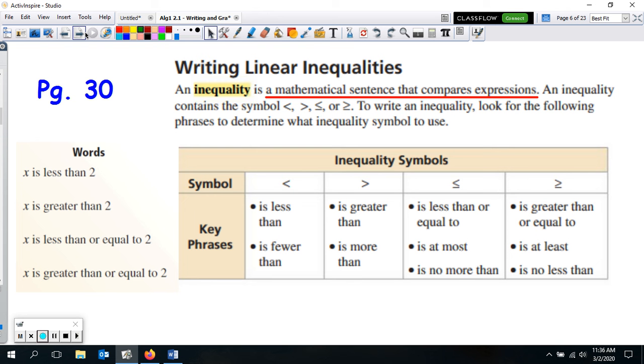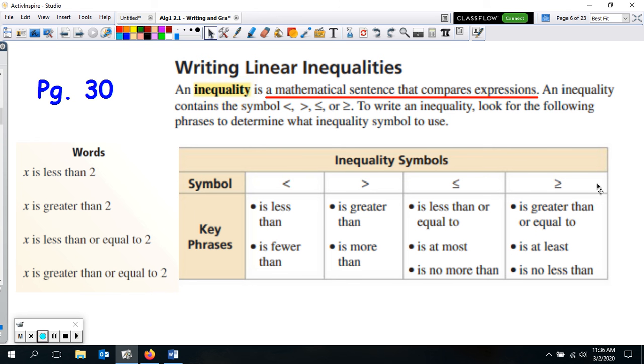In chapter 1, we were doing equations, using an equal sign because the left side was equal to the right side. Now we're looking at inequalities where the sides are not equal. One side is going to be greater than the other side, or less than the other side. And so we use these inequality symbols to help us describe that.